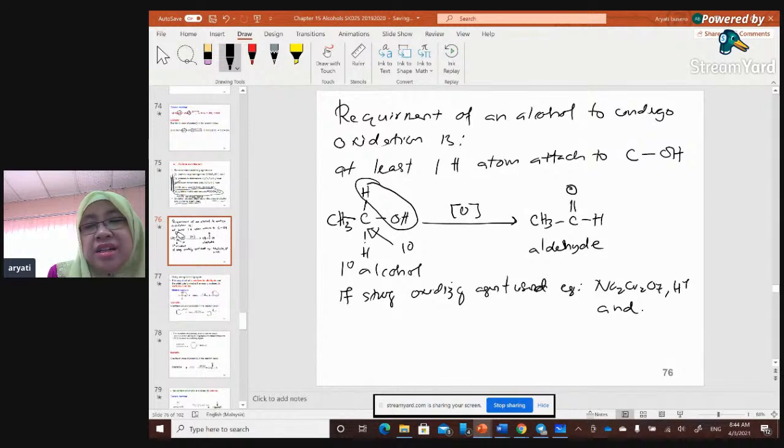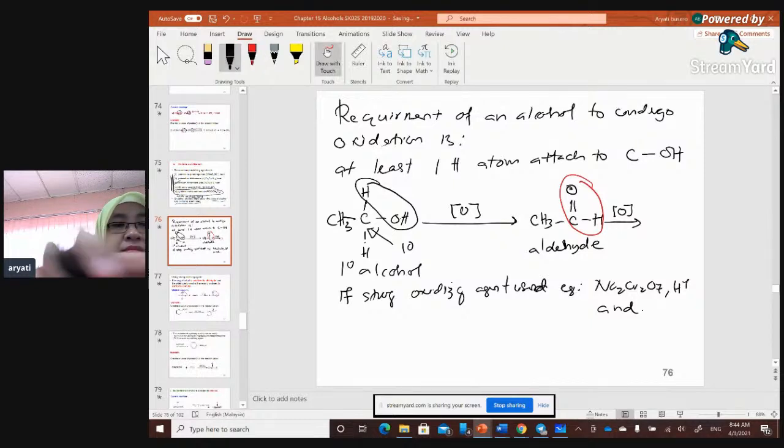Aldehyde ni dia akan reoxidize jadi CH3, C double bond O, OH. Jadi carboxylic acid.